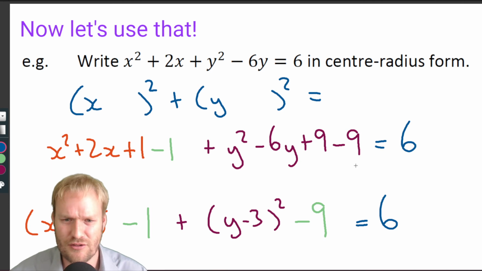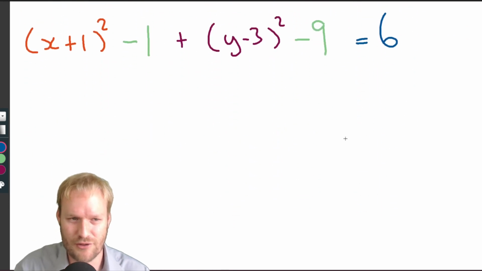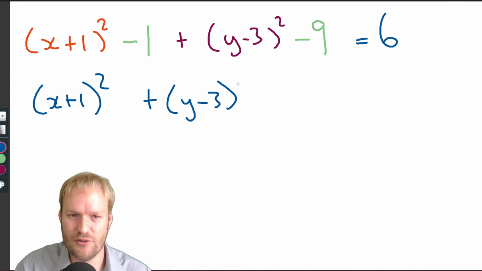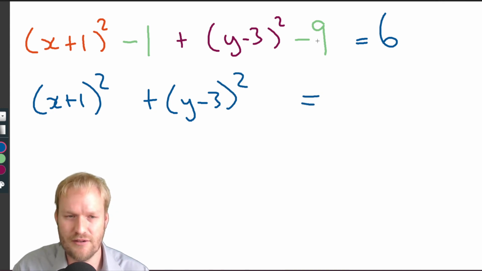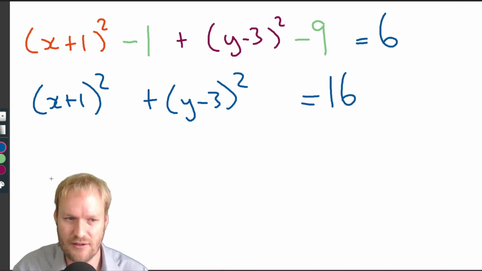So we haven't quite got it into the right form. So the last piece of the puzzle really is, this is x plus 1 squared plus y minus 3 squared equals, we're going to minus 1 minus 9, that's minus 10. So add 10 to both sides equals 16.